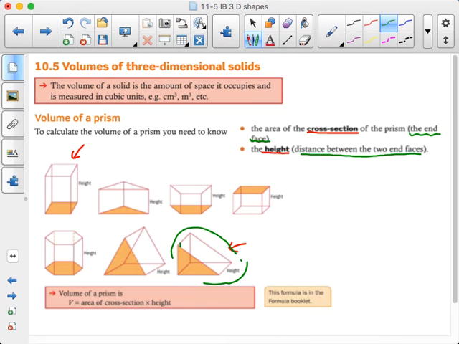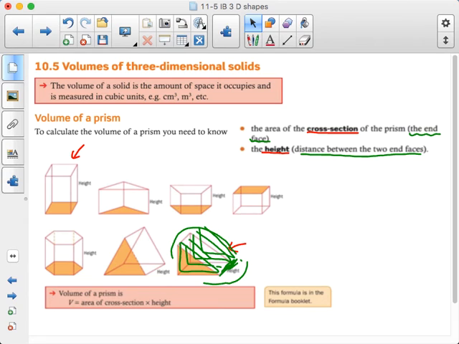The end face of this prism is this triangle, because if you cut this prism into little pieces parallel to this, you will keep getting this triangle. I don't know if that makes sense. And the height is the distance from one end to another.